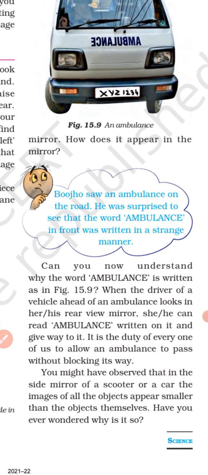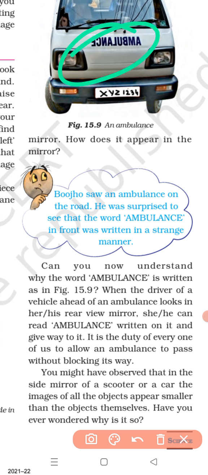Also, one more example you can see. Bujo saw an ambulance on the road. He was surprised to see the word ambulance in front, which was written in a strange manner. Can you now understand why the word ambulance is written as in figure 15.9? The word ambulance on hospital vans is written in the form of its mirror image.